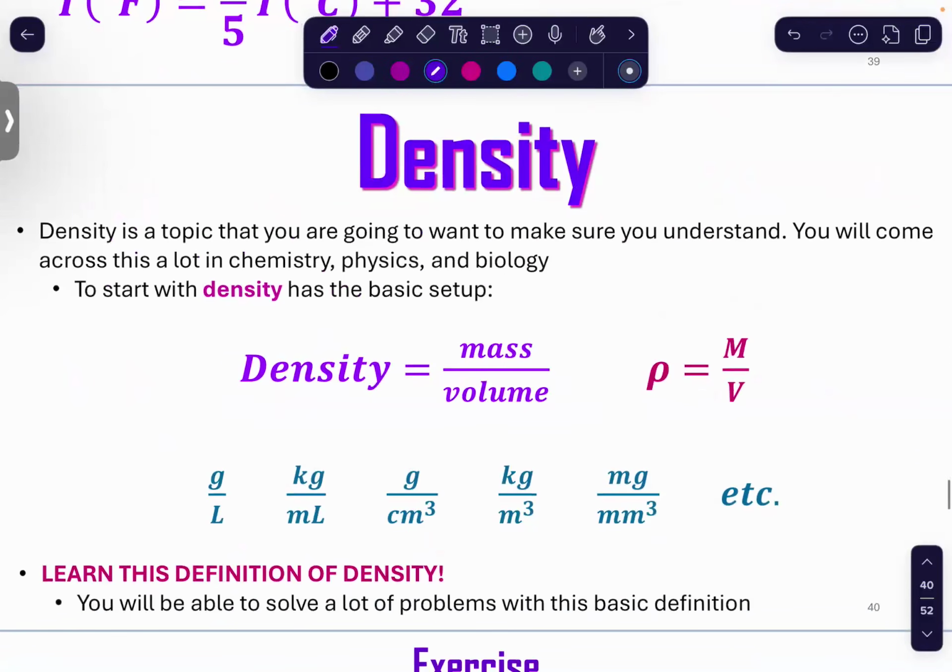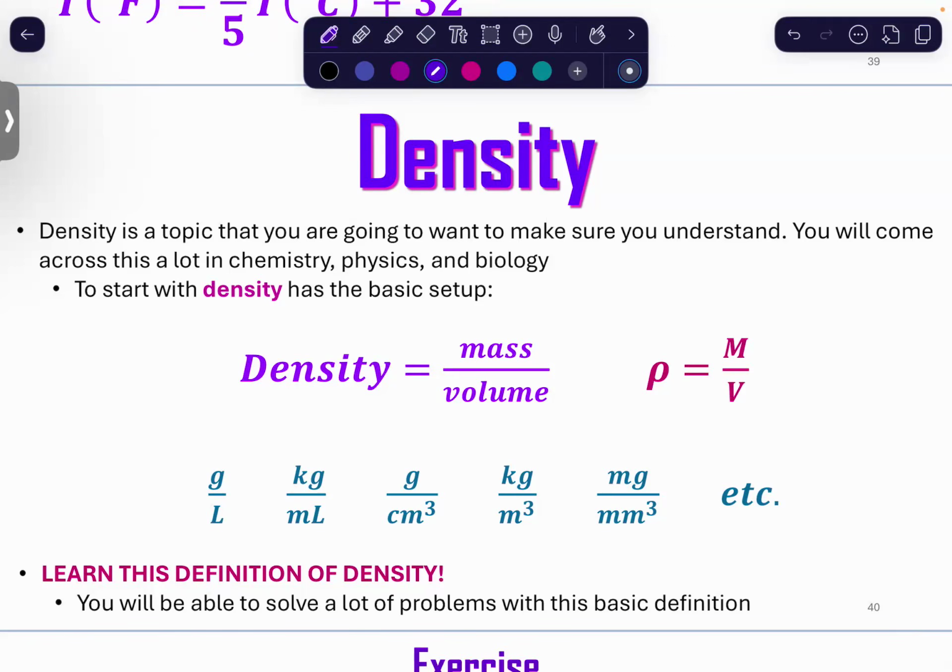But a topic you're going to see show up a lot is called density. So really get in your head this basic format for density. It's the mass of a substance divided by the volume of the substance. It could be a solution, a pure liquid, a solid metal.